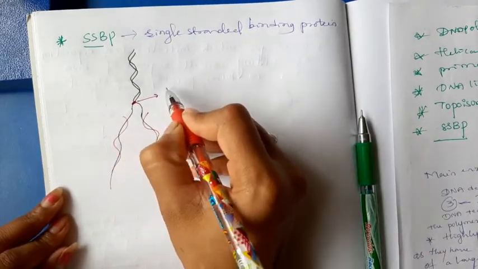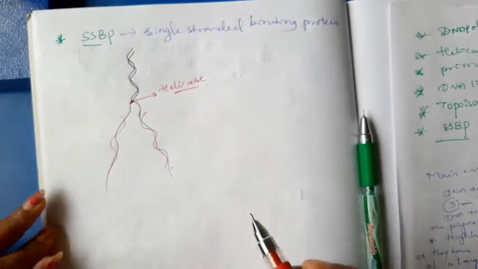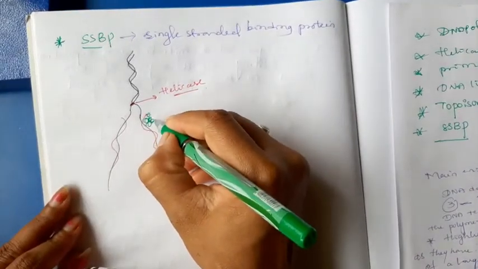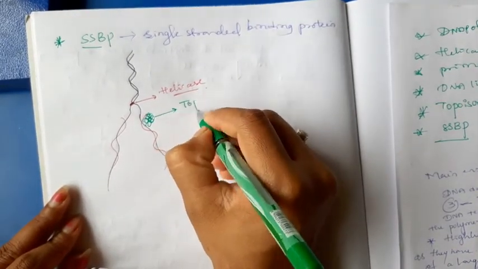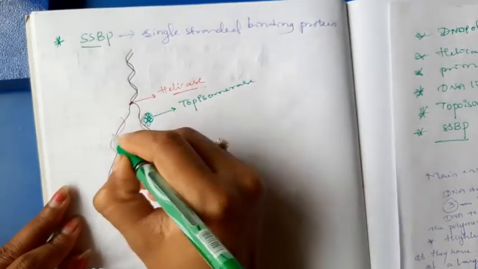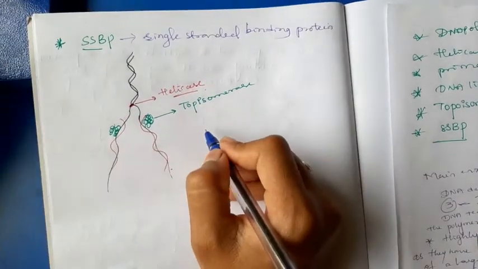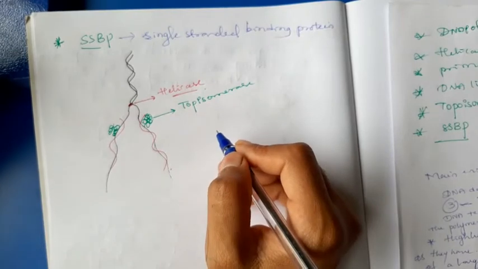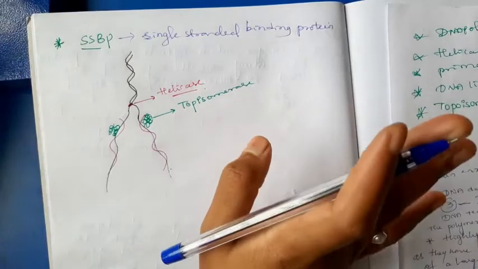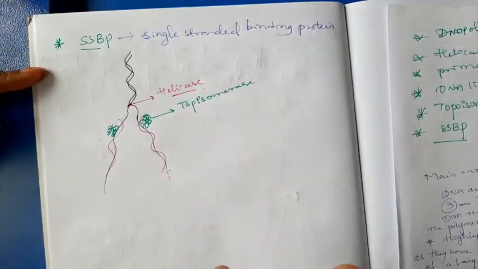The double stranded DNA becomes single stranded by the helicase. The supercoiling is released by the topoisomerase. Here also same. Then the single stranded DNA can become double stranded at any time, because there is a possibility of bonding between nitrogen base pairs.